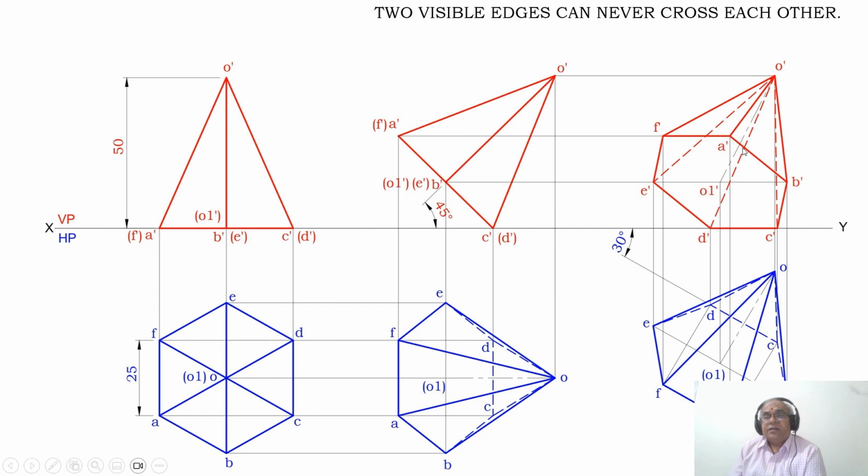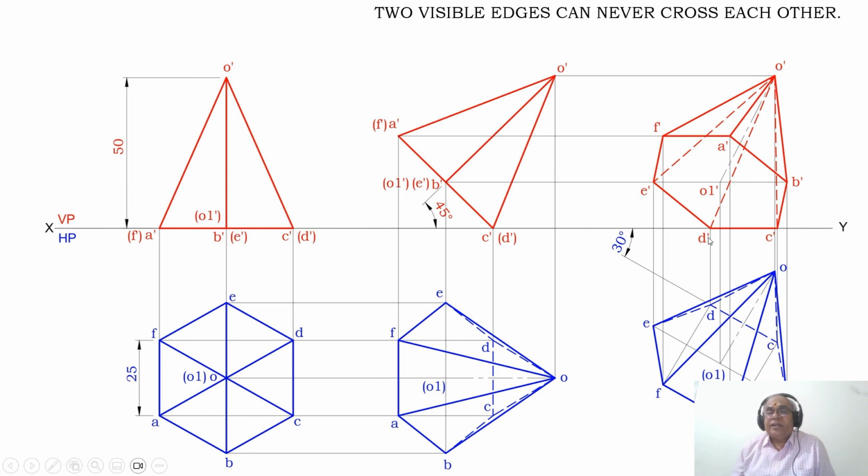Similarly, two visible edges can never cross each other. Once A dash F dash is visible, O dash E dash is crossing that visible edge. So apply this concept: as A dash F dash is visible, O dash E dash cannot become visible because two visible edges can never cross each other. Therefore, obviously O dash E dash should be invisible.